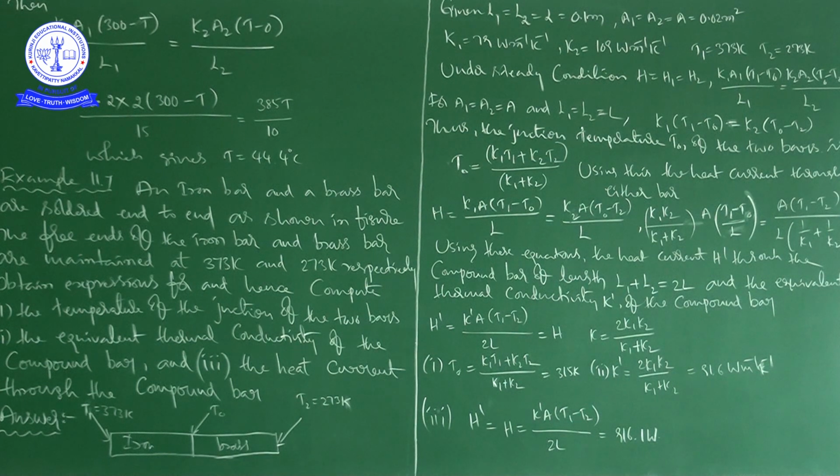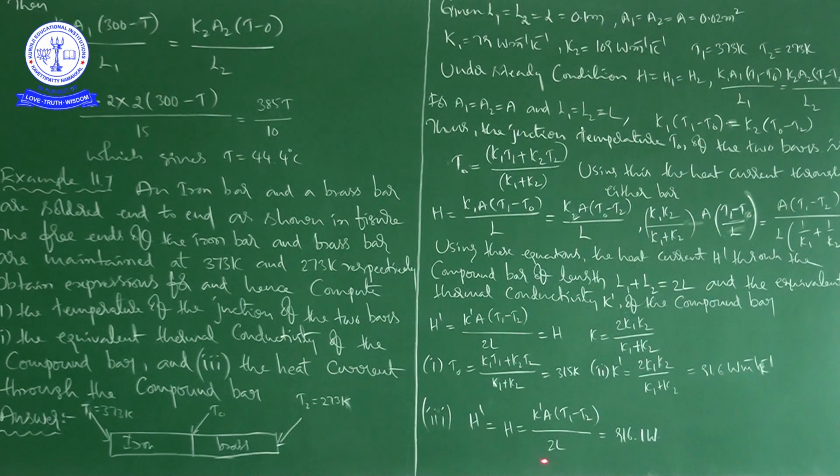Next, the third one is the heat current through the compound bar. What is the heat current? H dash is equal to K dash into A into T1 minus T2 by 2L. So we have to substitute.